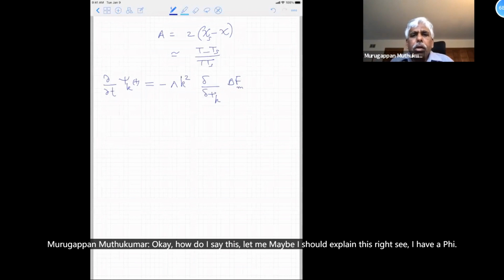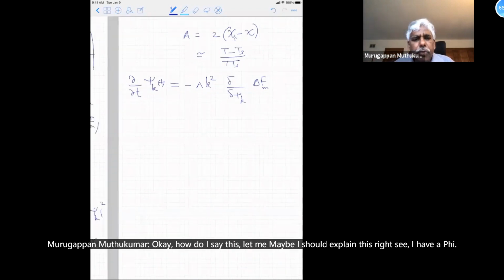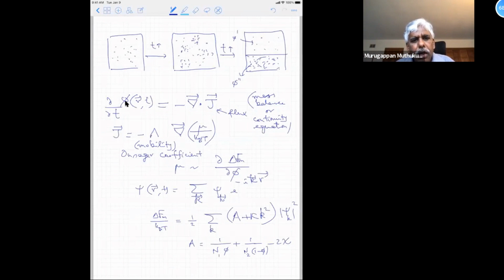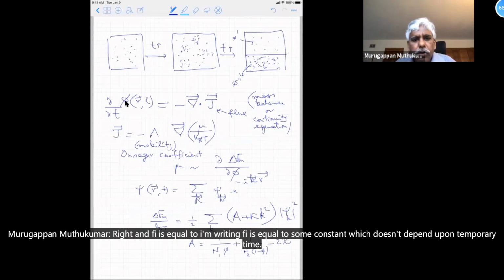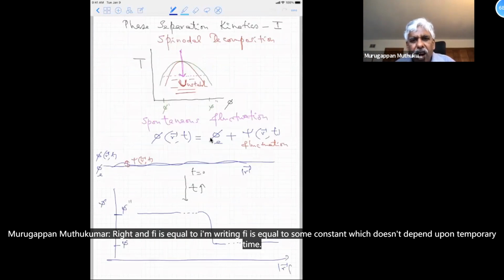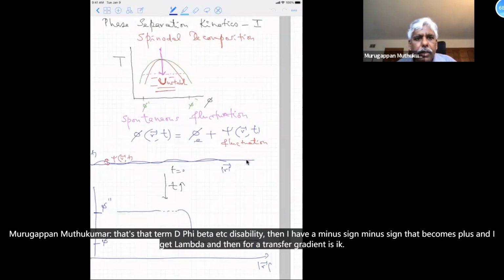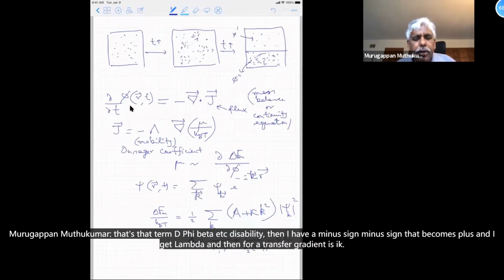Maybe I should explain this, right? See, I have a phi, and phi is equal to some constant, which doesn't depend upon temperature or time, right? When I take the derivative of this with respect to time, this does not contribute. Therefore, I get only d psi by dt. So d phi by dt is d psi by dt. Then I have a minus sign that becomes plus, and I get lambda.